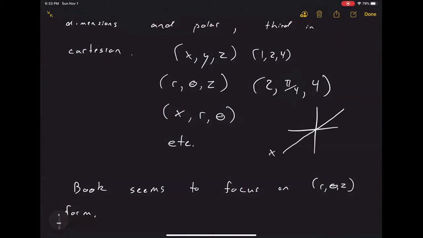Remember, this is my positive x-axis here. So I measure an angle of pi over 4, which would be this 45-degree line in this horizontal plane, right? And then I have a radius 2, so I move 2 units along that 45-degree line, and I get to this point here. And then my z coordinate is 4, so I go up by 4, and that's my point. This is 2, pi over 4, 4.